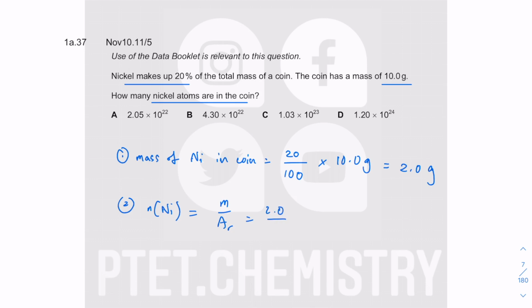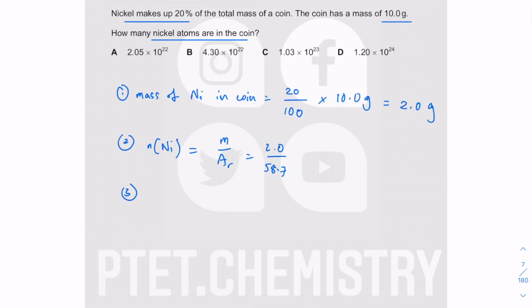So straight to the periodic table, nickel has a relative atomic mass of 58.7. I can see it's not a very nice number, so I just keep it as such. Accordingly, the number of nickel atoms will be the mole of nickel, how many mole I have, multiplied by Avogadro constant, because Avogadro constant is basically how many atoms in 1 mole.